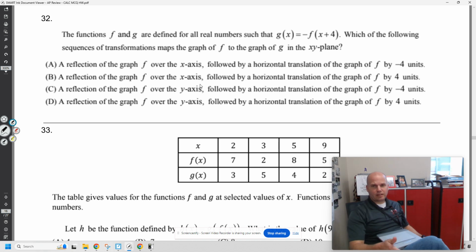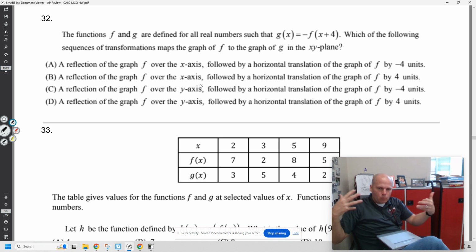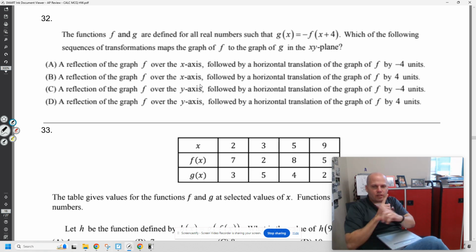Take your x's, subtract 4, vertically flip. Would that work in an opposite order? I mean, order of operations says work inside parentheses, inside functions first, and then work outside. So I don't think this is correct that it has to be in this order. I think you could flip it.